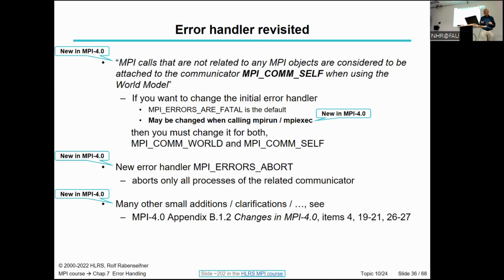And there is a new MPI errors abort predefined error handler only for the processes related to a communicator, not for the whole MPI application. And there are many other additional clarifications one can find in the change log.